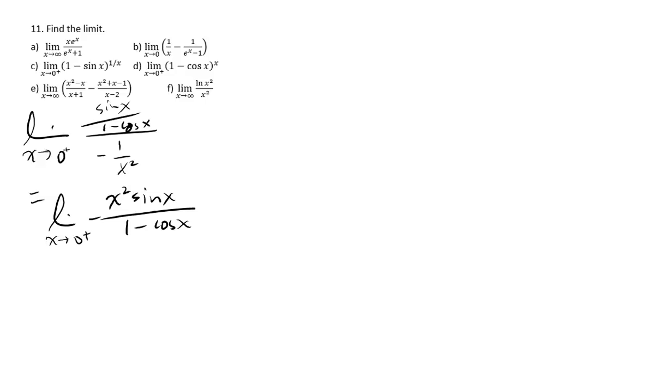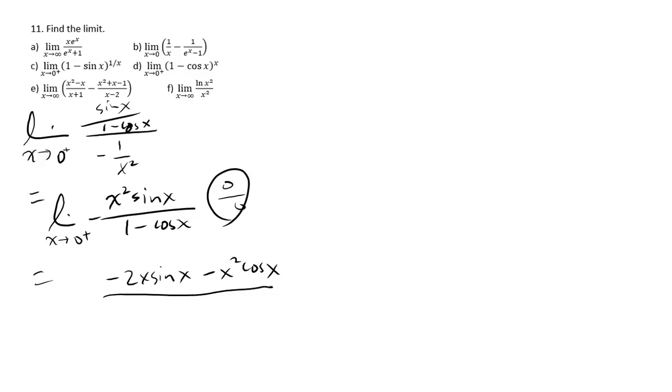And this time when you plug in 0, this is 0 over 0 type, so you have to yet again apply L'Hopital, which gives you negative 2x sine x, and then minus x squared cosine of x over, if you differentiate the bottom, it's positive sine of x. All right. So we're almost there.